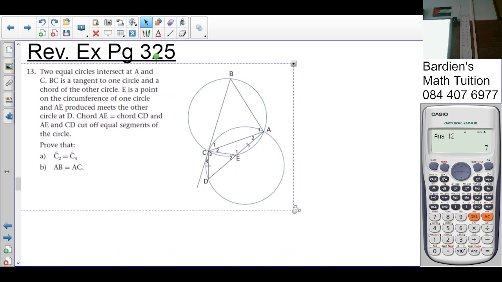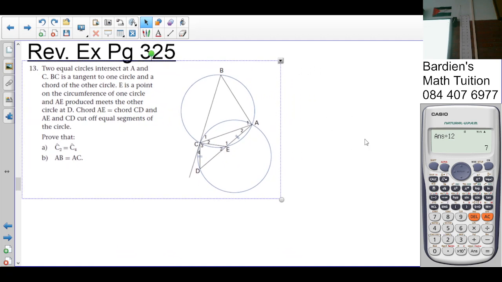Number 13. Two equal circles intersect at A and C. People, if circles are equal, what do we know? The radii are the same.